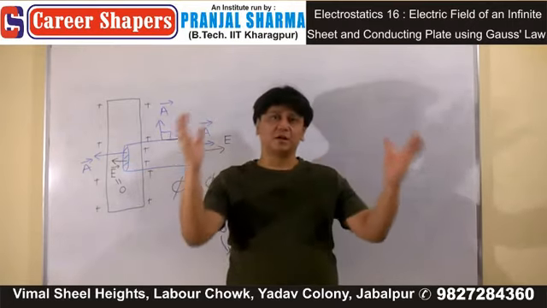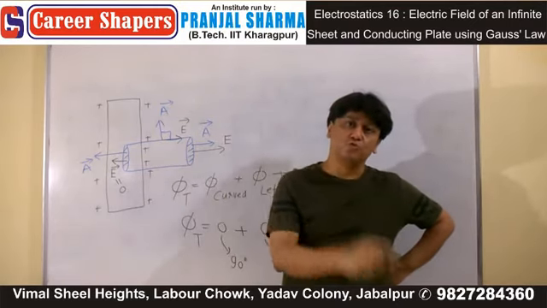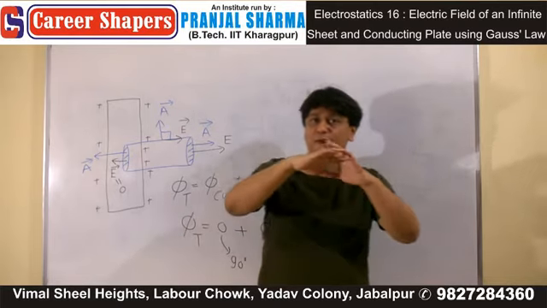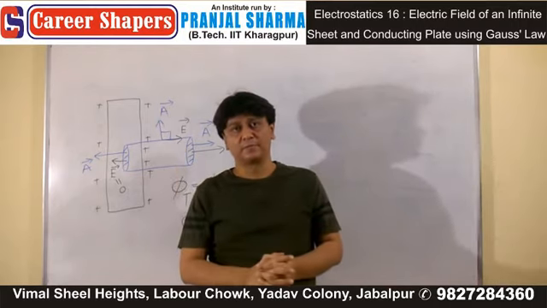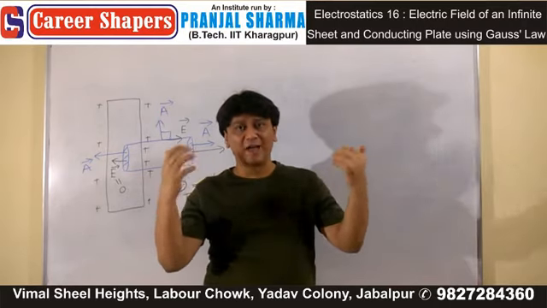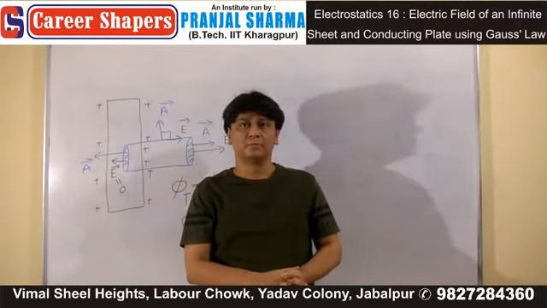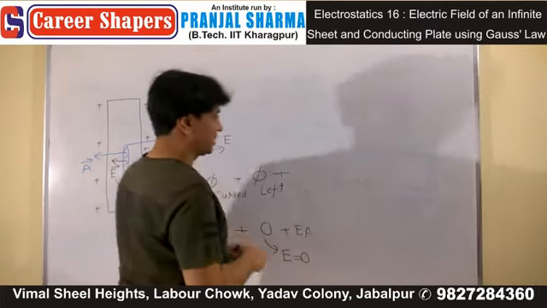Suppose you have a conductor. Conductor means charge can move. So, suppose you have a big piece of copper, solid piece of copper, and somehow you gave it positive charge in its volume. So, you have a situation like this.